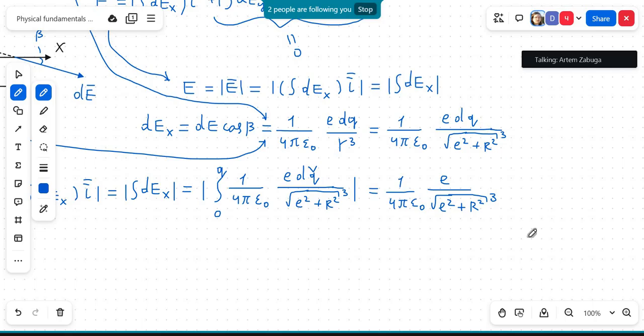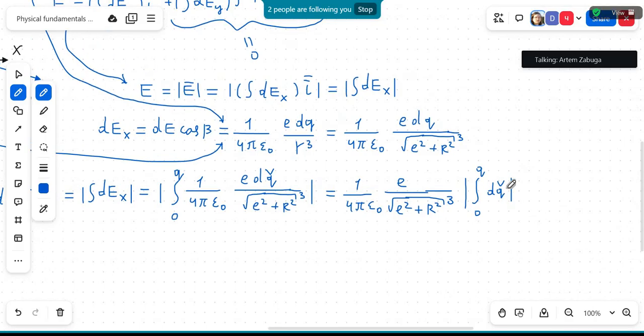To the power of 3, and the absolute value of the integral from 0 to q of dq with a hat. This integral is easy to calculate.